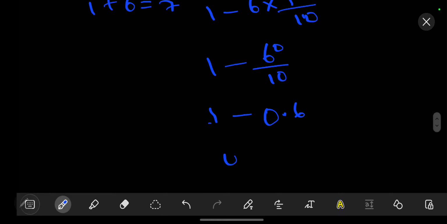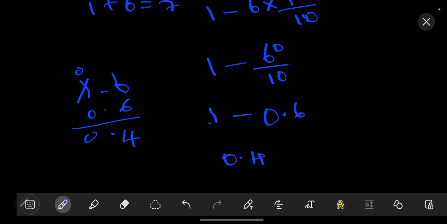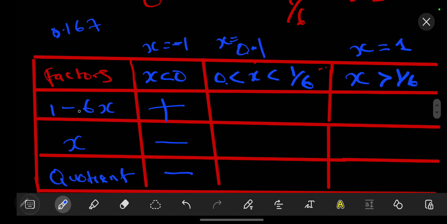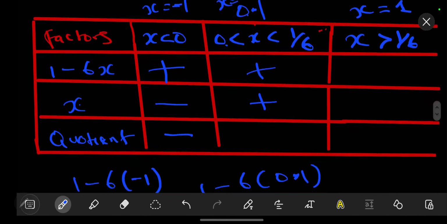And 1 minus 0.6 will give you 0.4, which can be calculated like this. Our 10 minus 6 will give you 4, then here we have a 0. So we have a 0.4, which should be positive. At this point, as long as you put it there, it will be a positive like that. Then when we put 0.1 here, it will still be positive. Positive times positive, it will be a positive.